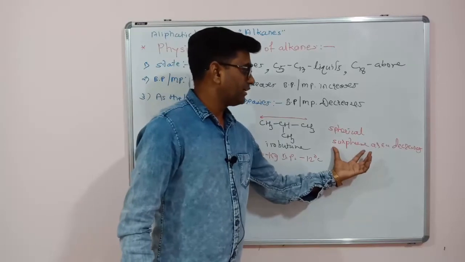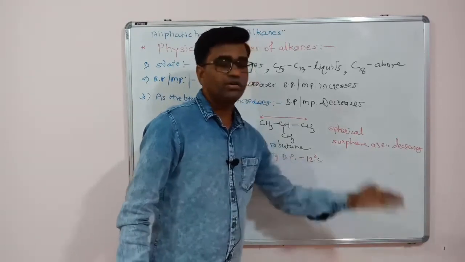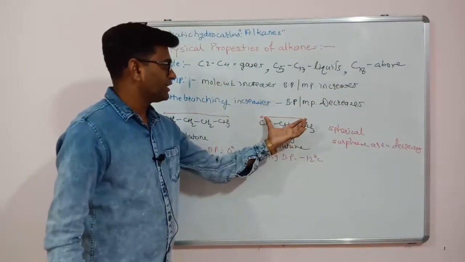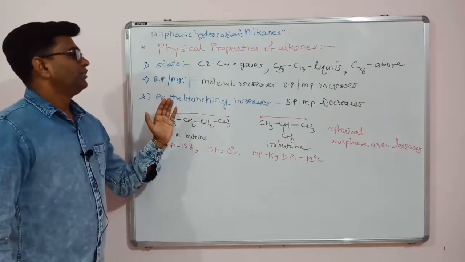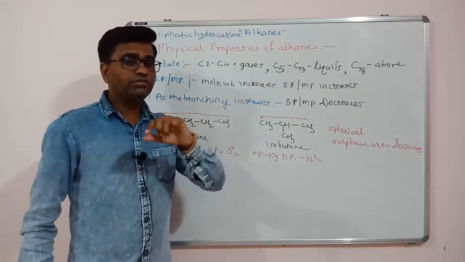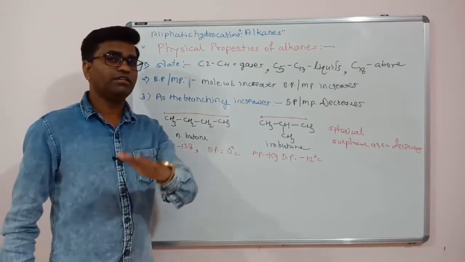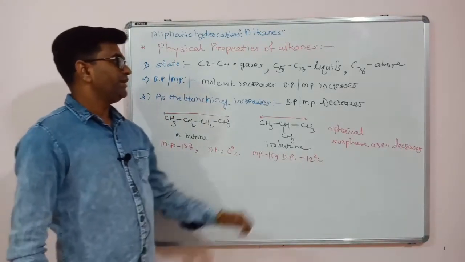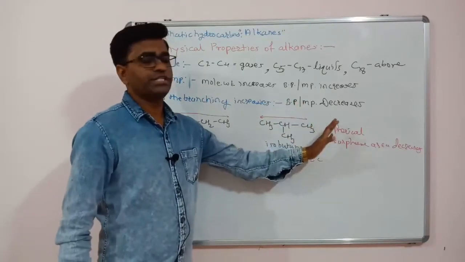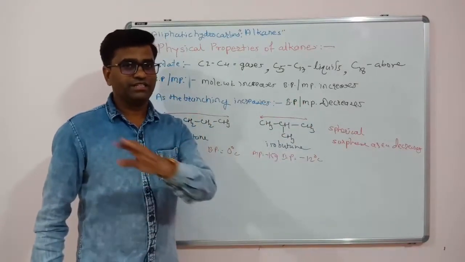As the spherical character increases, the surface area of the molecule decreases. You can see it here also. So what will happen? Van der Waals forces of attraction within the molecules decrease, and that's why boiling points and melting points of the molecule decrease.